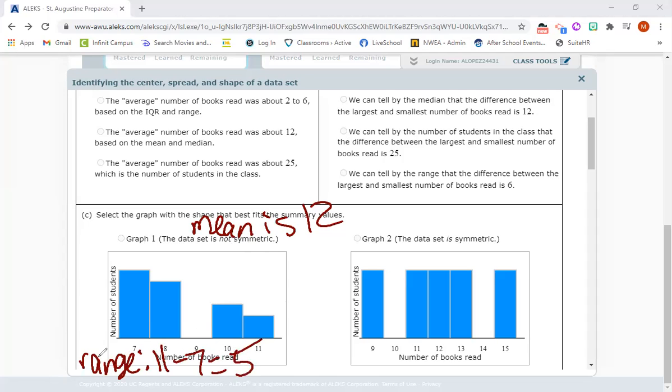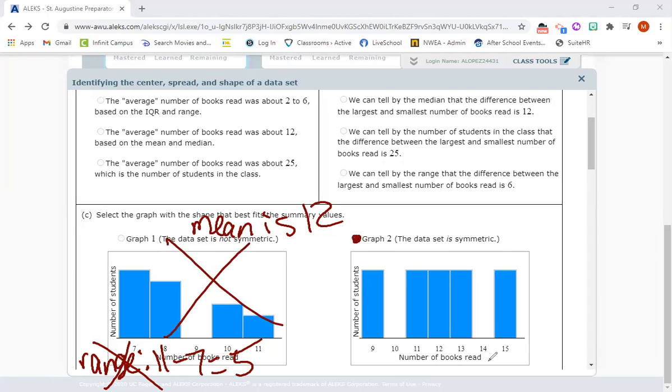So that tells me it's wrong. I know the mean of this. I could find the mean if I wanted to. I don't need to. I know the mean of this can't be 12. It has to be less than 12 because in this data set, no students read 12 books. No one read more than 12 books. So there's no way the center is going to be 12. So that one doesn't make sense.